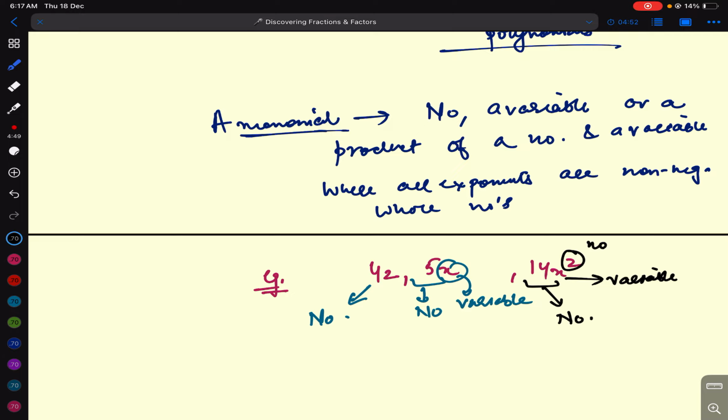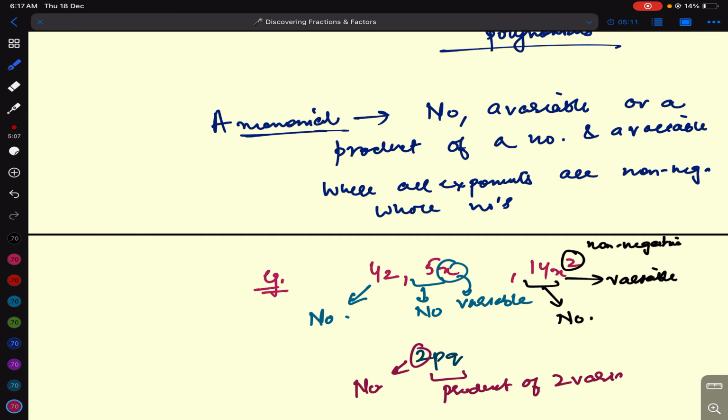It is non-negative, right? Another example would be 2pq. Here 2 is a number, and p and q are the product of two variables. So we have seen that a monomial is basically a number, a variable, or the product of both, provided the exponent that we have in the case of a variable is a non-negative whole number.